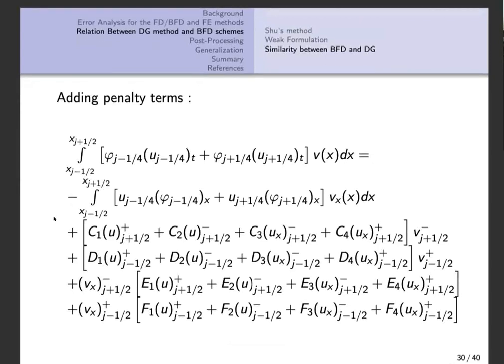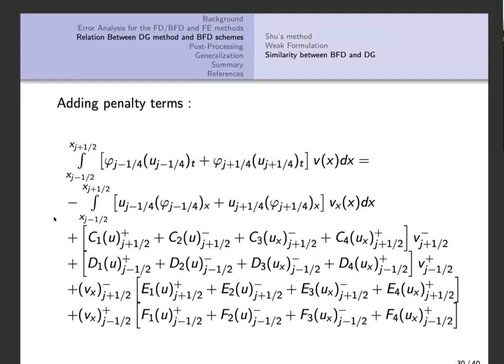From the requirements of stability, since we can use the analysis tools from both the BFD method and the DG method, in that case we used the tools developed for the DG method for stability, and we can determine all those unknowns. There is no unique solution, but at least we found one.